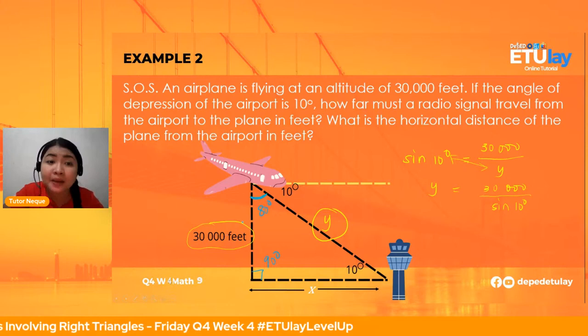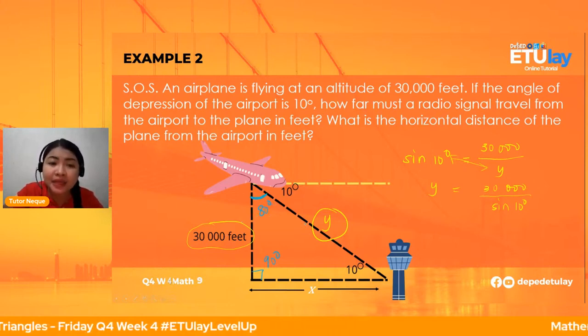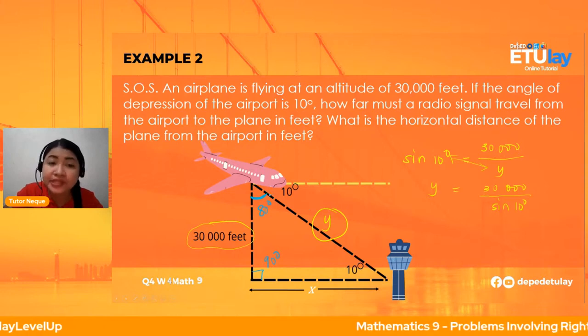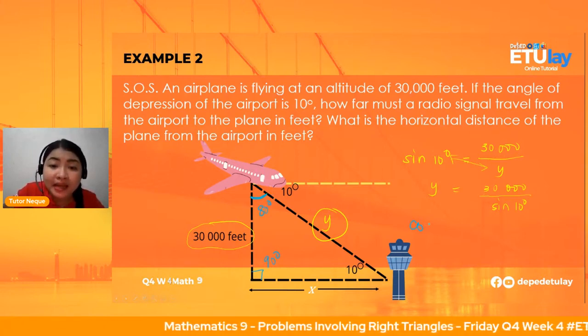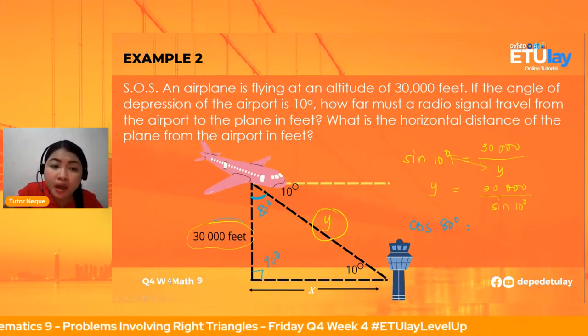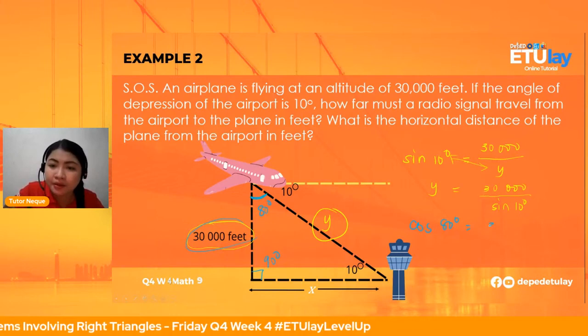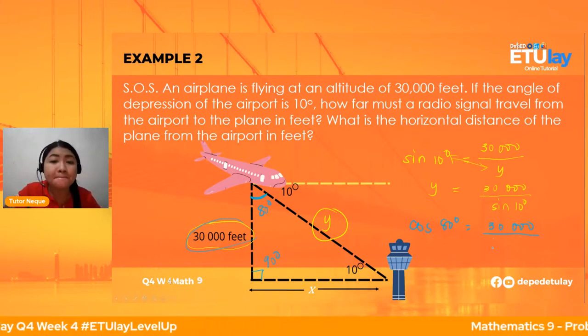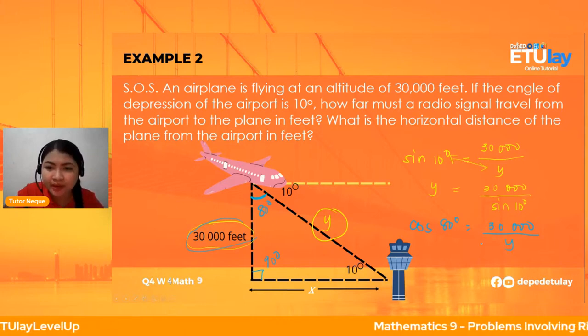Pwede ba? Kaya bang mahanap ang ating distance from the airplane to the airport using 80 degrees? Yes. Using cosine, 80 degrees is equal to adjacent 30,000 over hypotenuse y.